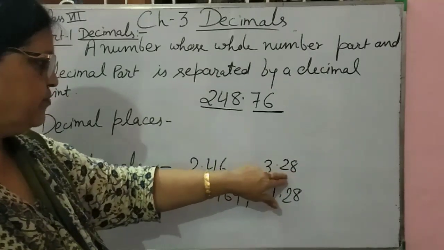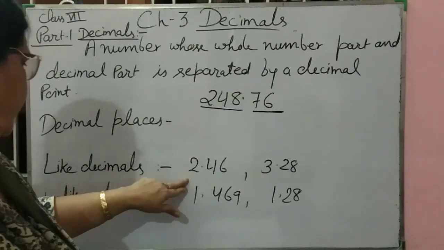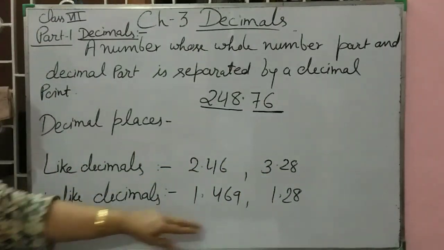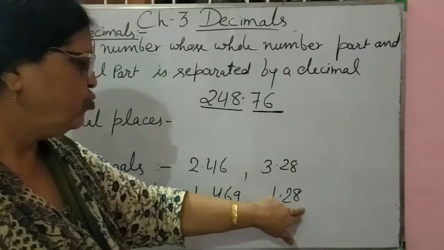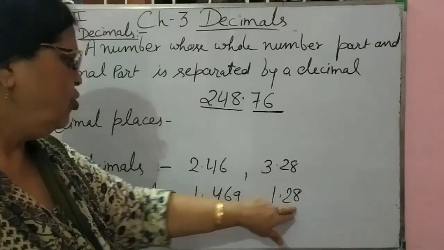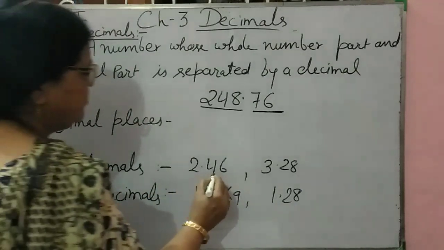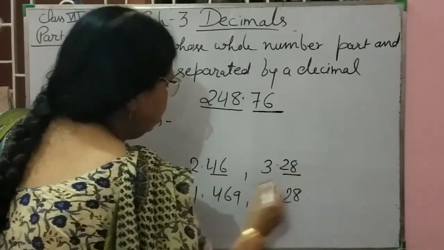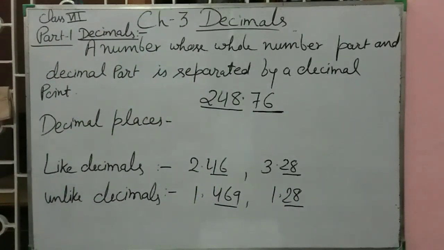Here also two digits after decimal. So these are like decimal. But here are three digits, but in 1.28 two digits. So these are unlike decimals. You have to see only these places for like and unlike decimals.